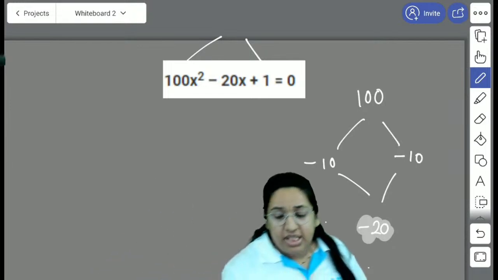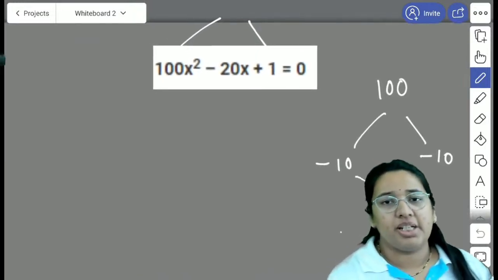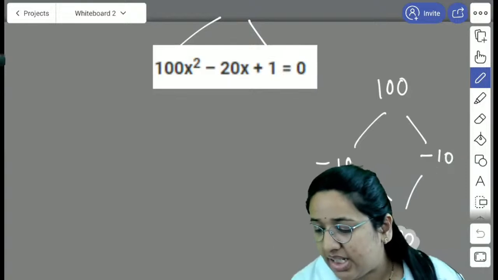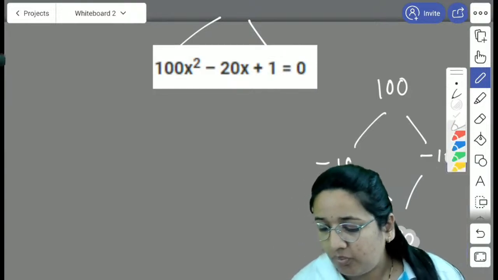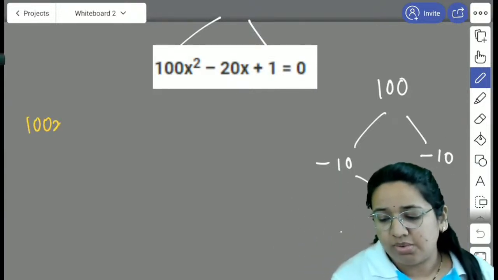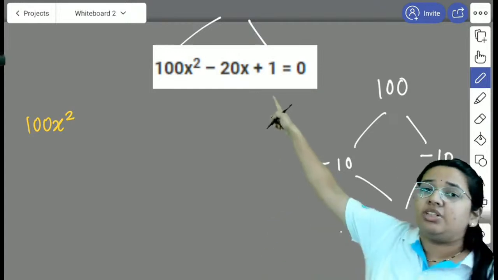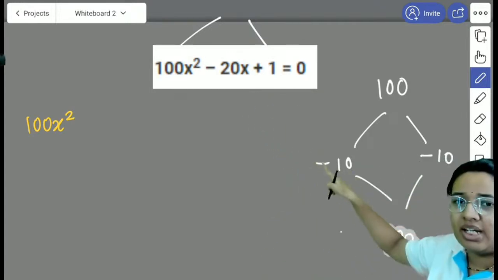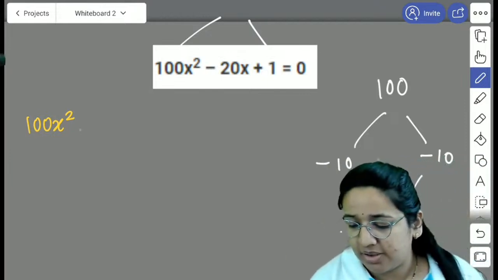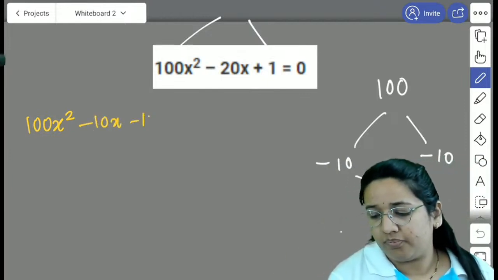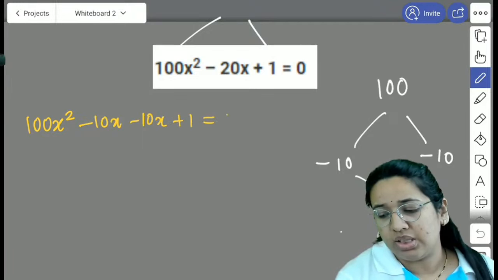Right? It means that we just have to split this middle term minus 20. First term 100 times x square as it is. I will just write this minus 20x as minus 10x minus 10x plus 1 equals to 0.